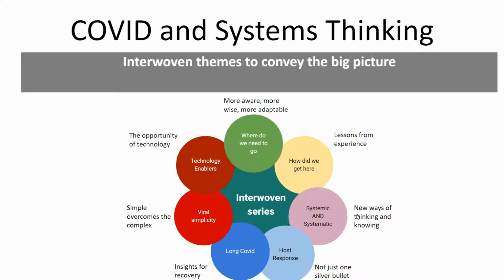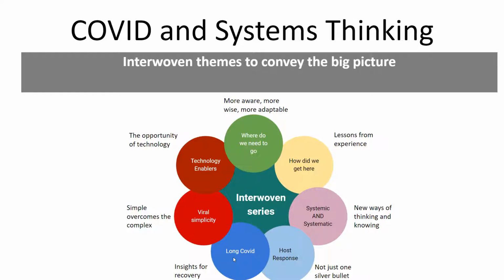I'm putting together a paper looking at the science of systems. Felix is joining us now, that's great. Eugenia is looking at a paper on our host response and how it is involved in a lot of the problems that we see with COVID, and that there's a lot more possibility than just one silver bullet.